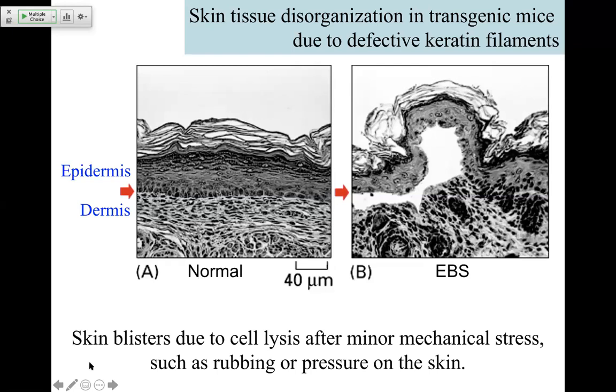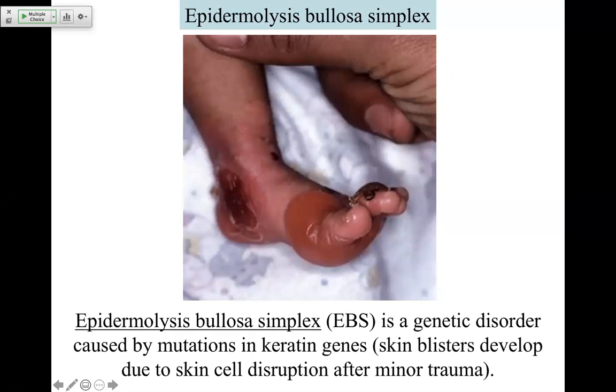We can see this in someone who has inherited a disorder of keratin, which we call epidermolysis bullosa, right? Lysis of the epidermis. Bullosa means blistering. So a genetic disorder due to mutations in keratin genes usually is manifested in young children, primarily on feet and hands that are subjected to more rubbing, with extensive blistering due to any kind of pressure or minor trauma to the skin.